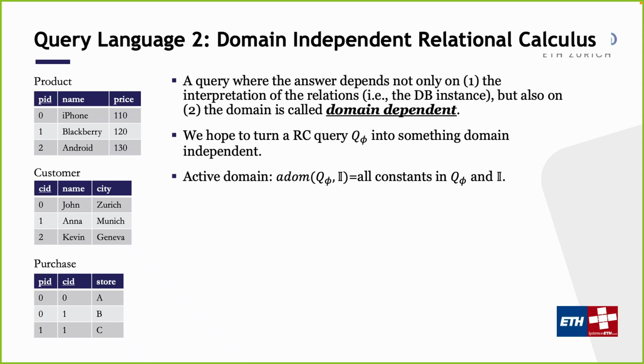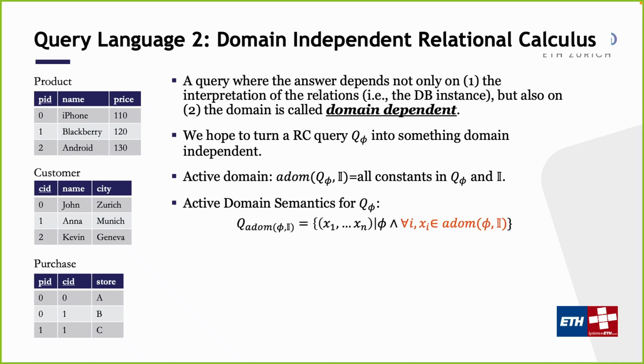We call that the active domain. An alternative semantic of relational calculus is to constrain my answer to be only in the active domain. This is the alternative semantic.